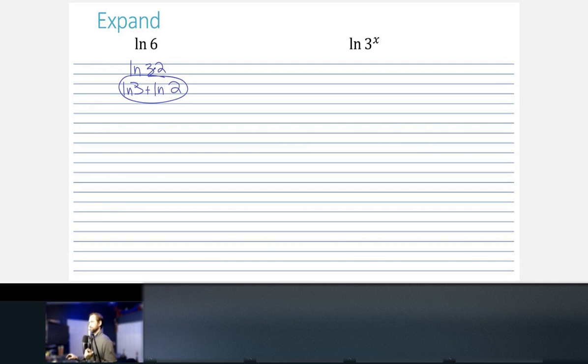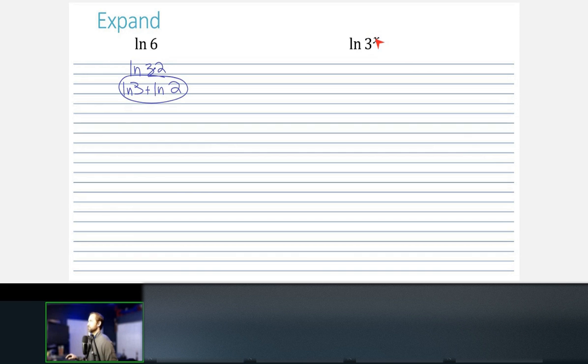All right, next one. What can we do? We can move the exponent, the x, in front. Yeah, that's one of the properties. Is 3 already prime? Yeah, so there's nothing to do.